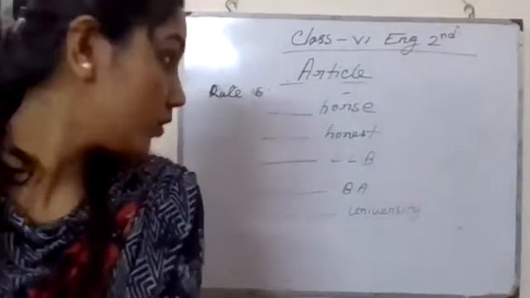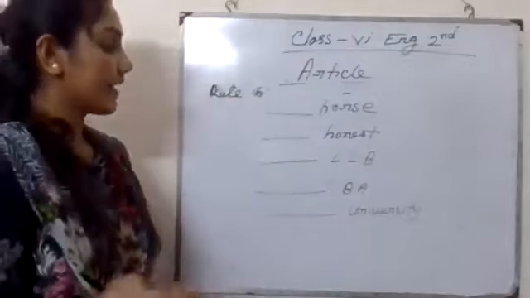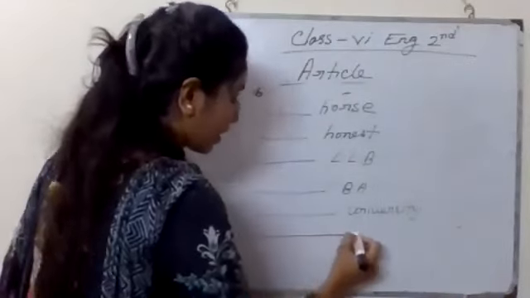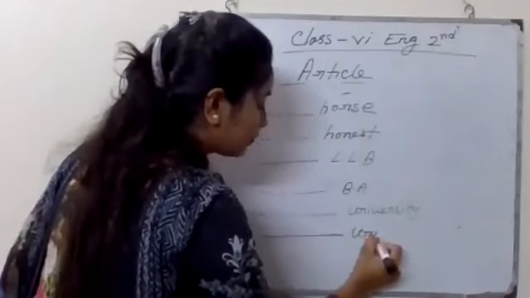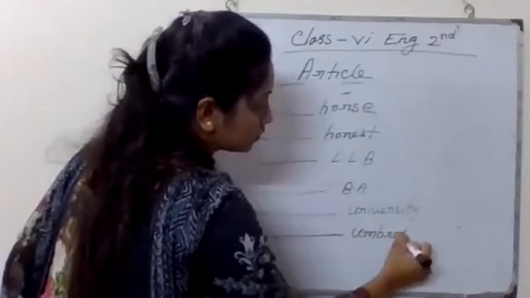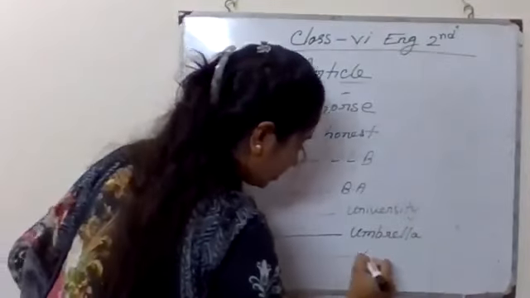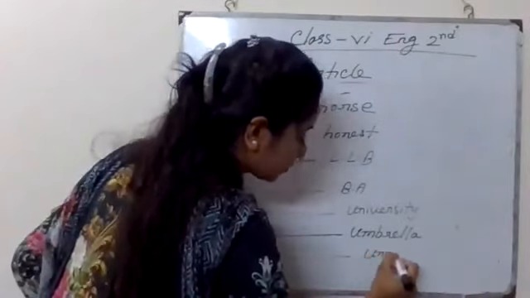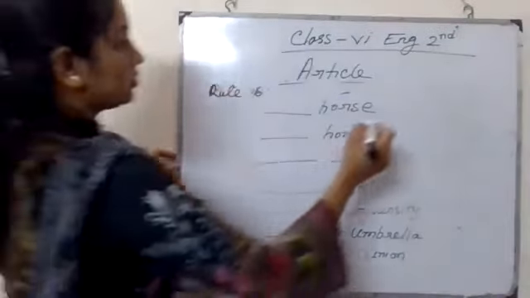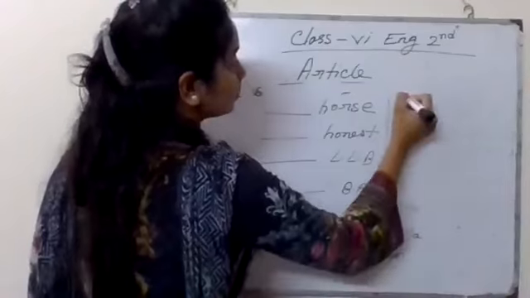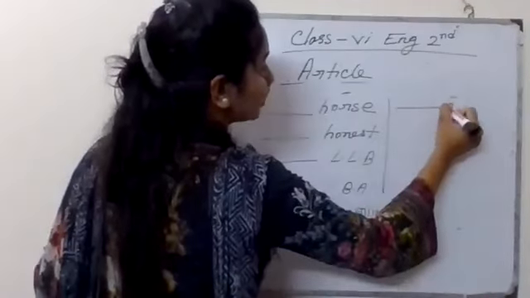So I'm writing down horse, honest, LLB, BA, university, umbrella, union, European.